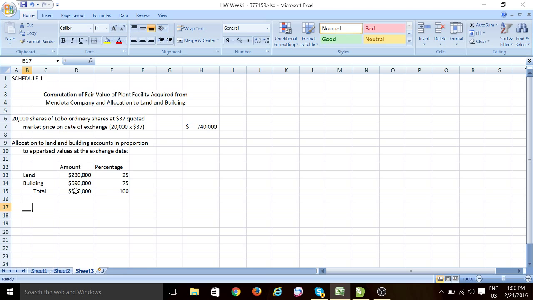So with this number, now we can find how much the land costs: $740,000 times 25%.